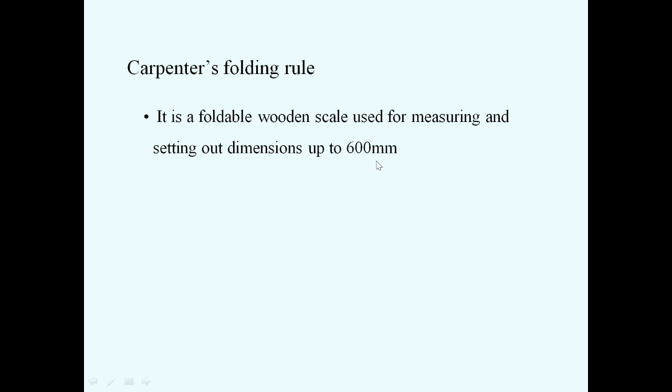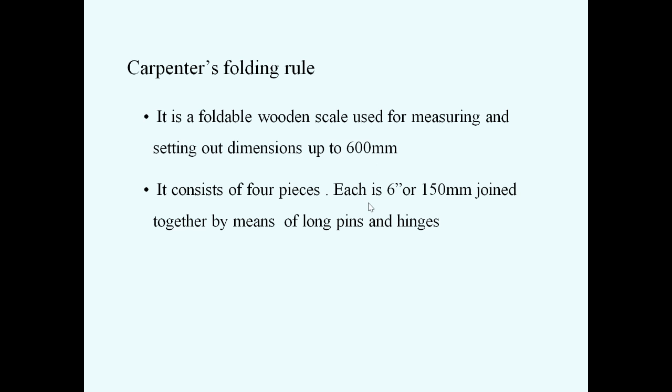The carpenter's folding rule consists of four pieces, each 6 inch or 150 mm, joined together by means of long pins and hinges.